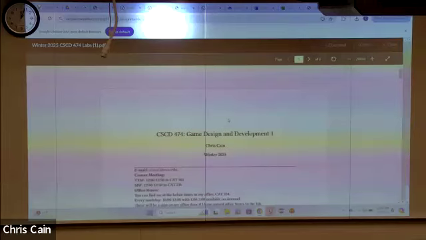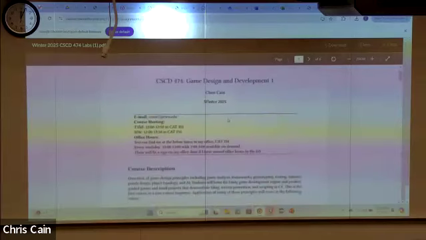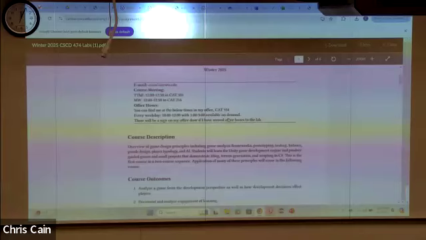You're going to be doing a lot of the learning for how to do that this quarter, and you will be actually doing it in groups next quarter. In the meantime, we're going to be focused on a lot of the preliminary: how do we understand how to analyze games? We need to be able to understand games if we want to be able to make them ourselves. So let's take a look at the exact course design.